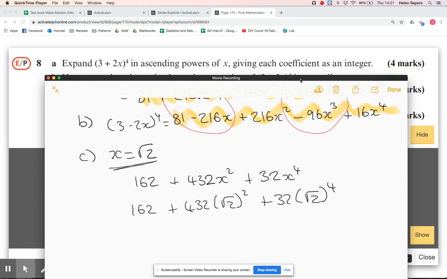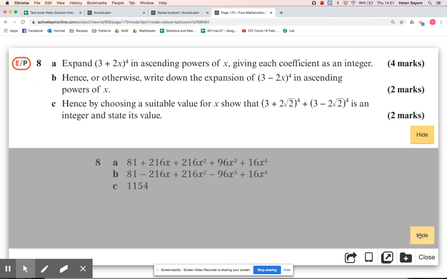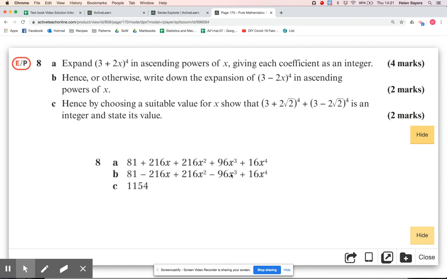So that's going to be 162 plus 432 times 2 plus 32 times 4, which I get as 1154, but I will double check that. 1154, and yeah, we were okay on B.